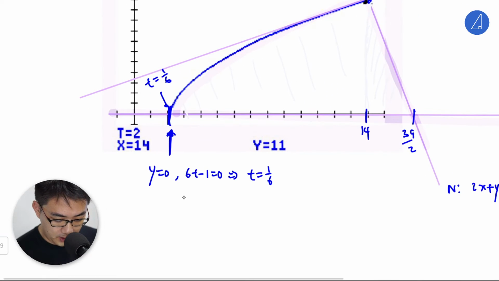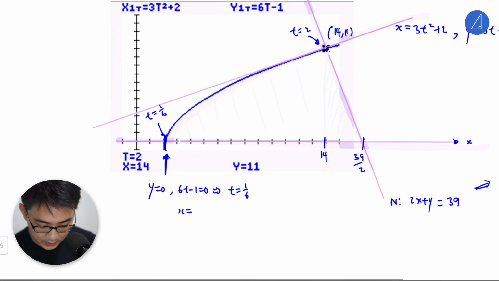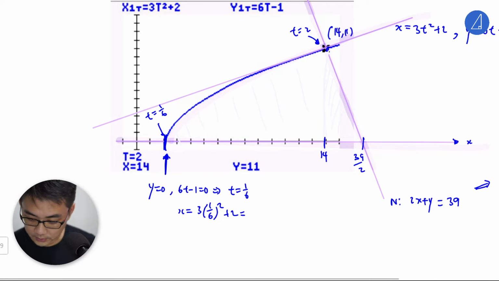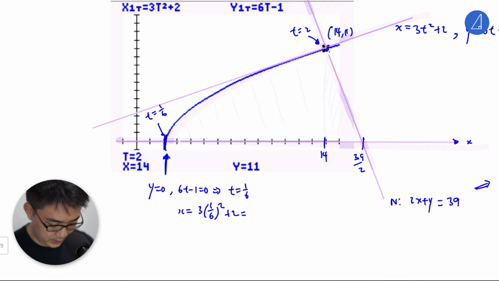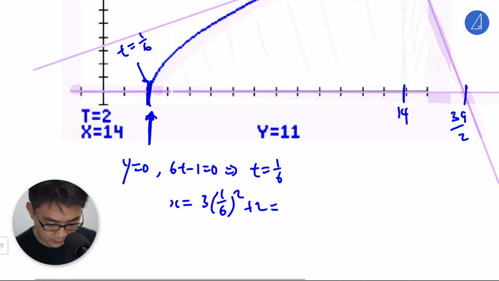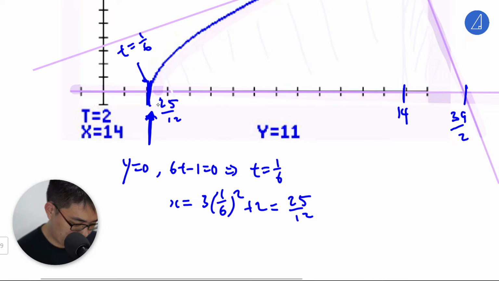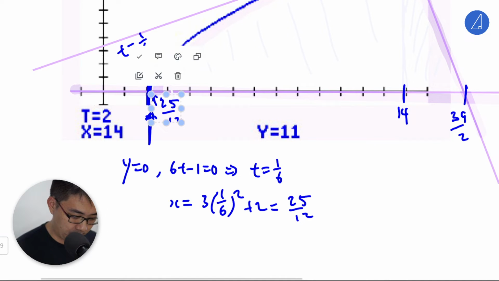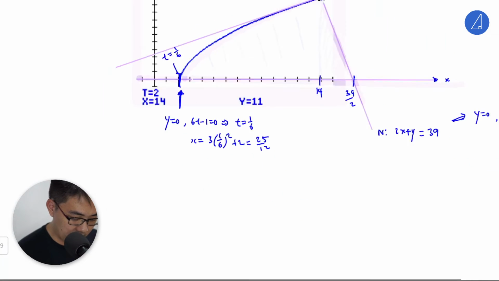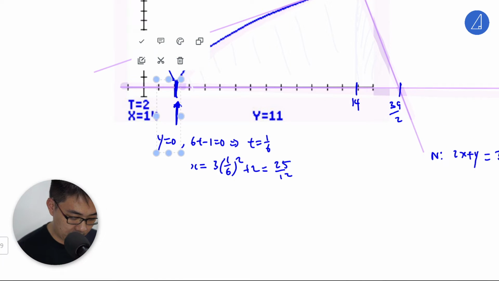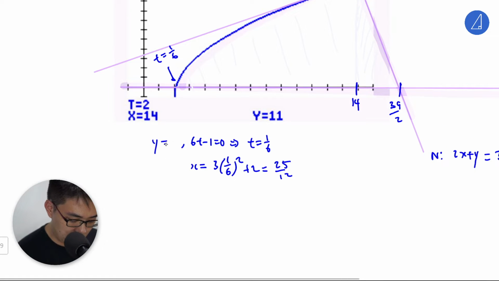But if you want to find the x out as well, it's fine, but it's quite redundant. So this will be 3 over 36 plus 2, I believe. It's 25 over 12. So this is 25 over 12 for the x-axis here. Okay. So you just let y be 0 because it's the axis.